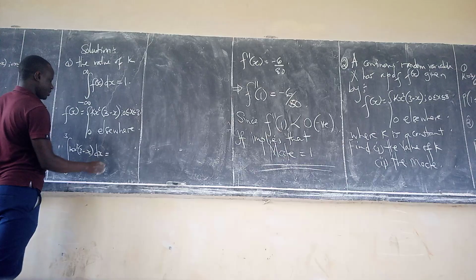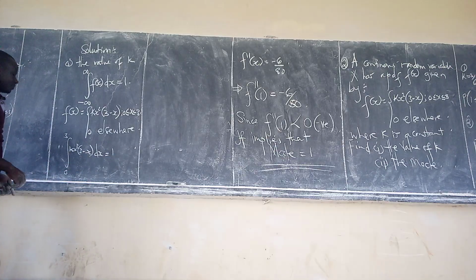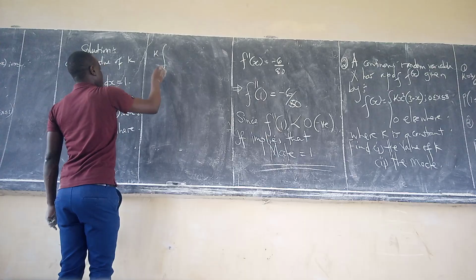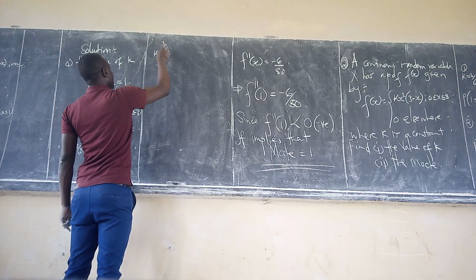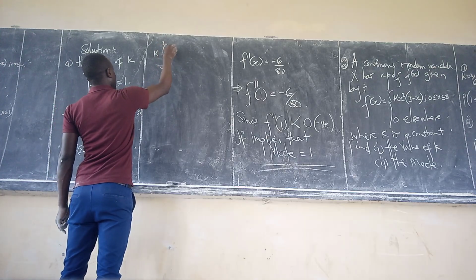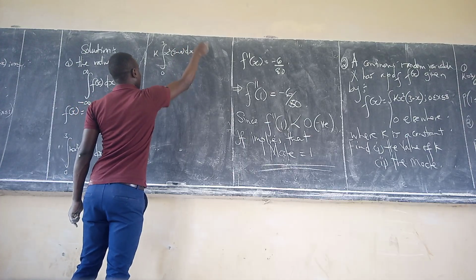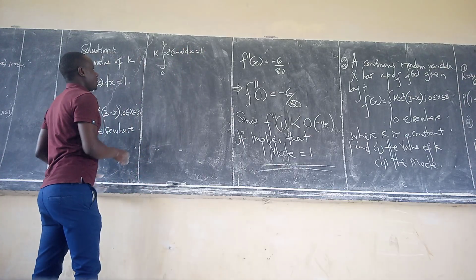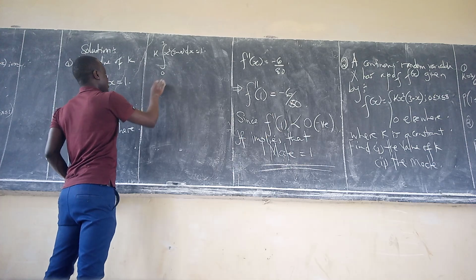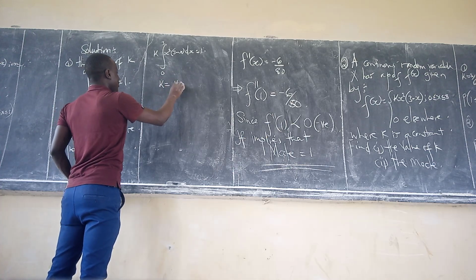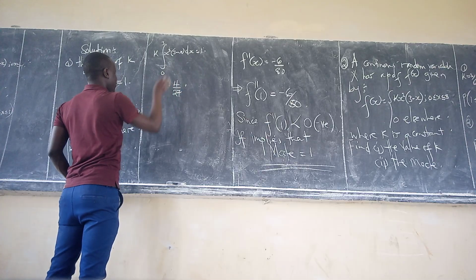The answer should be 1. So we shall pull out a k. So when we integrate from 0 to 3, and we are integrating x squared into 3 minus x dx, the answer should be 1. So the class will check and see whether k is 4 over 27.